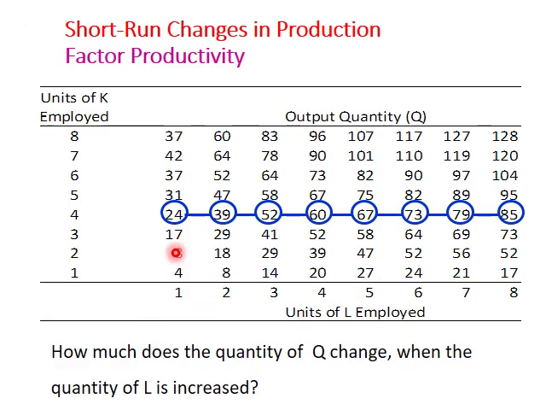As we vary the labor, the product will be 24 with 4K and 1L, 39 with 4K and 2L, and with 3L it will be 52, and 60 with 4L and 4K, and so on. So as we add more and more L, we can increase the total product, the output.